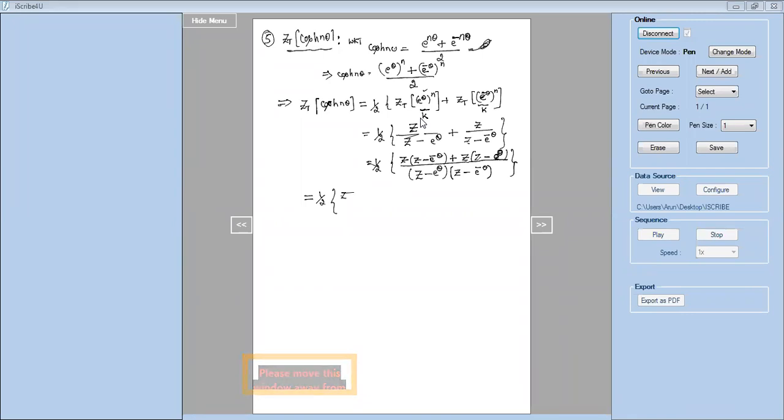So z squared minus z e^(-θ), plus the next term, z squared minus z e^θ, divided by the denominator now.